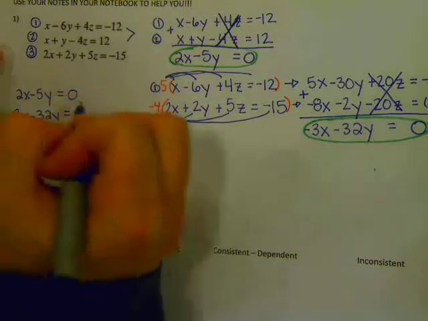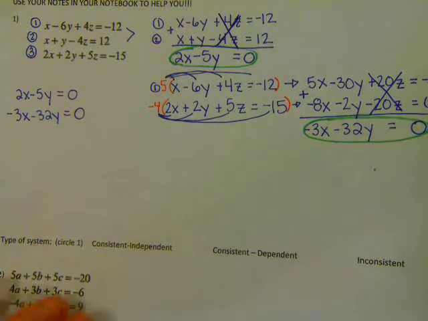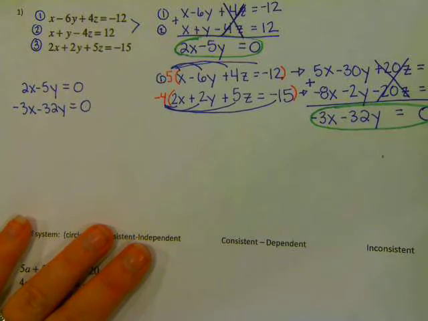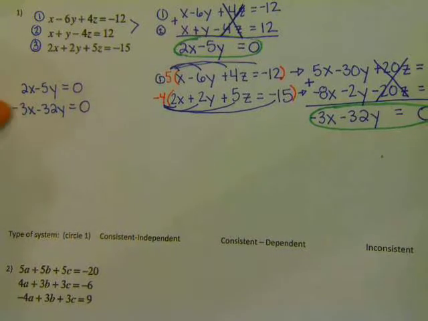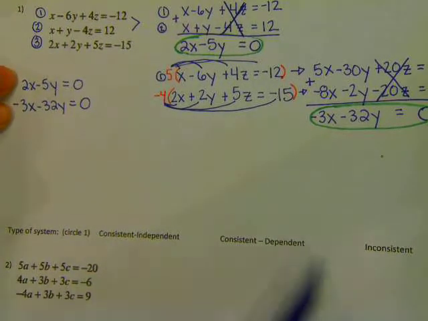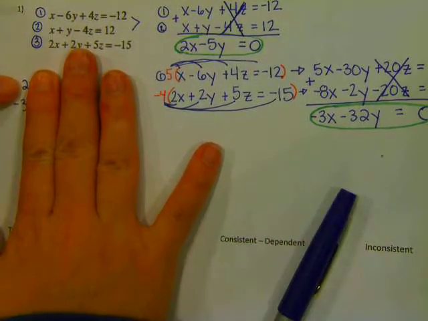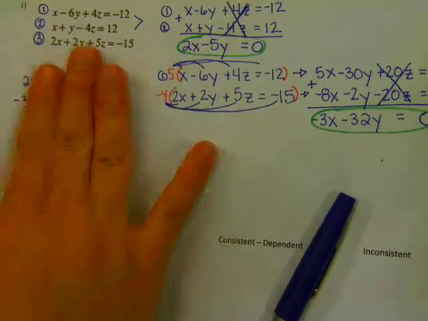And then you have to eliminate one of these variables. Personally, 5 and 32, way too hard. But look, 2 and negative 3: this x is a positive number, this one's a negative, that's a good sign.